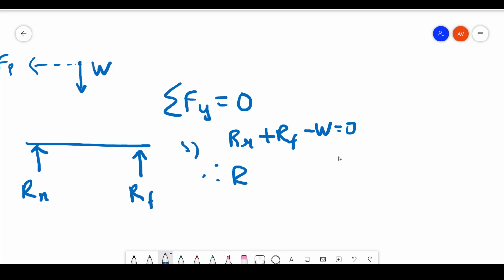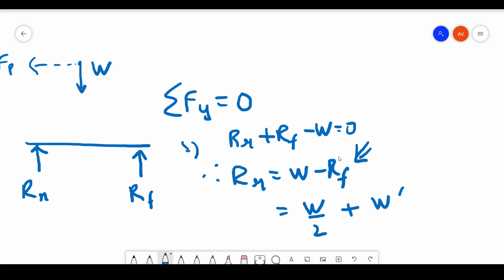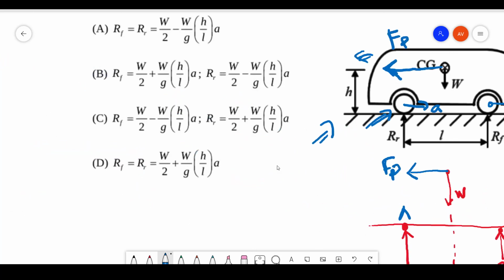Therefore your RR is equal to W minus RF. When you substitute this value, you are finally going to get W by 2 plus W into a by g into H by L. Now let's look at the options. You can see for RR there is a plus on this term. From the options you can understand that C is the answer. So this is the correct answer that we have observed.